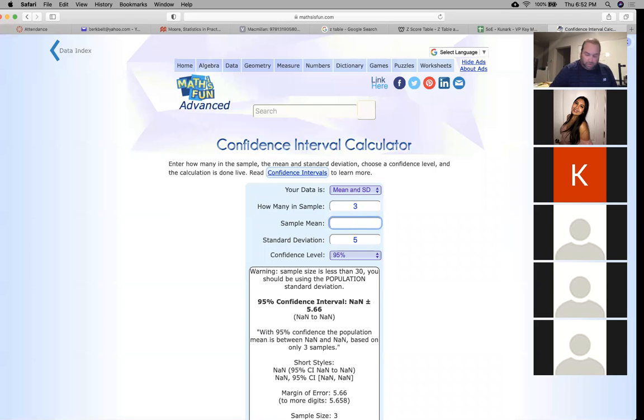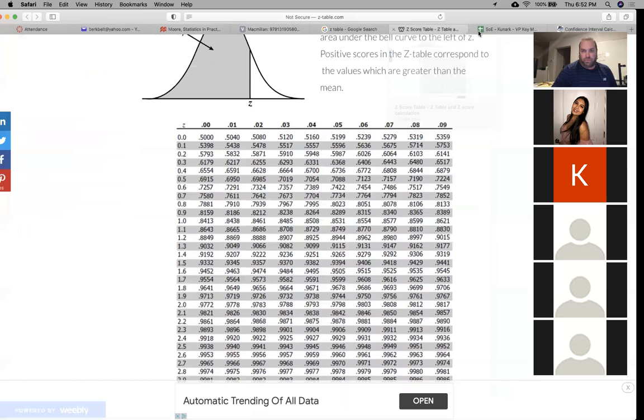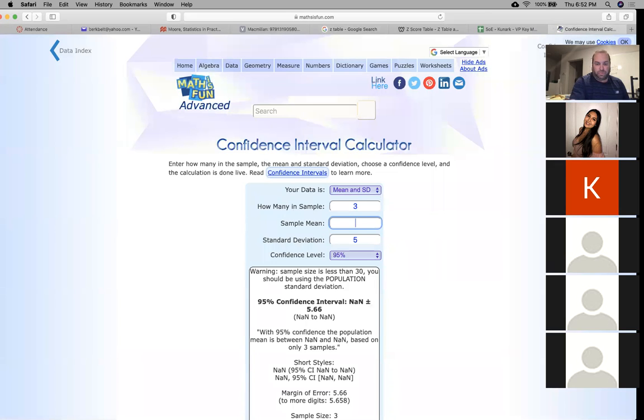Sample mean, what was the sample mean? 3.414.